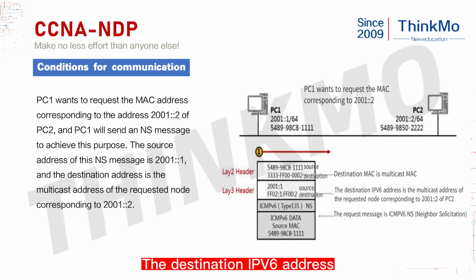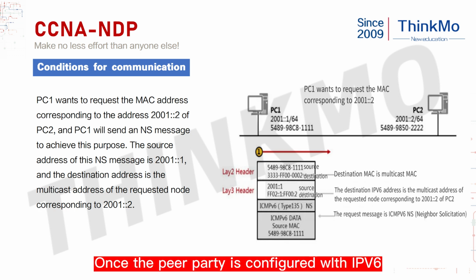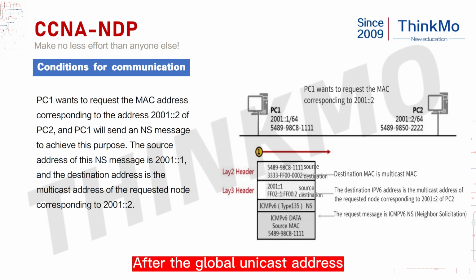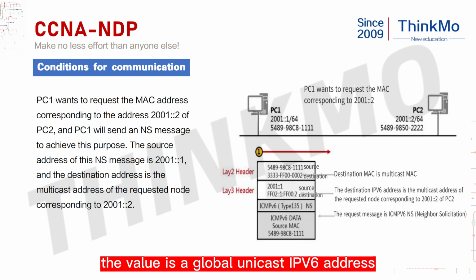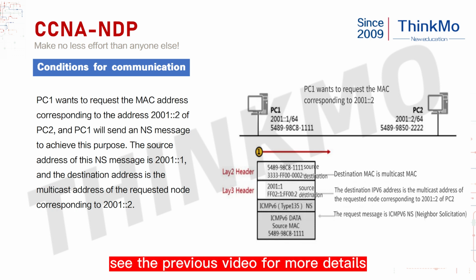The destination IPv6 address is the solicited-node multicast address of the requested node. Once the peer party is configured with IPv6, after the global unicast address is configured, it will be added to the solicited-node multicast group by default. The solicited-node address is derived from the global unicast IPv6 address. They have a conversion relationship. See the previous video for more details.